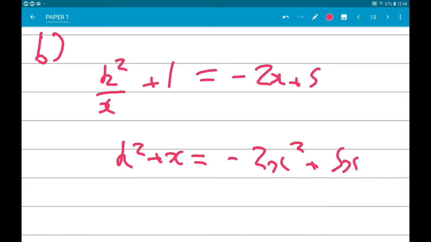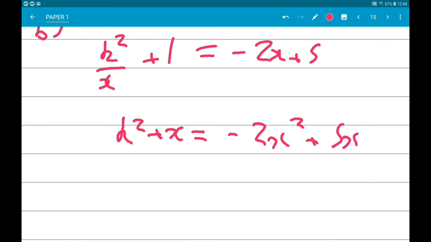Shift everything over to the left, 2x squared minus 4x add k squared does indeed equal 0.